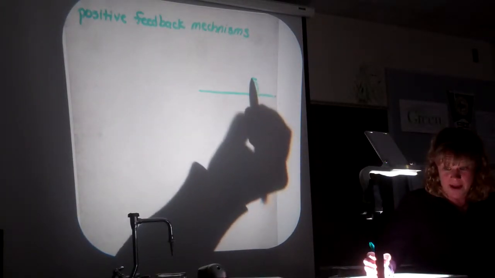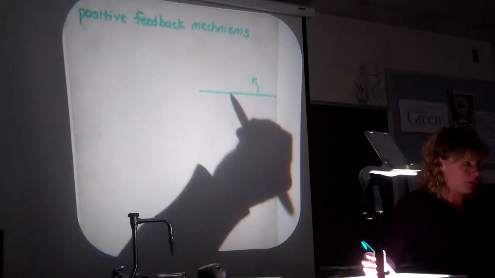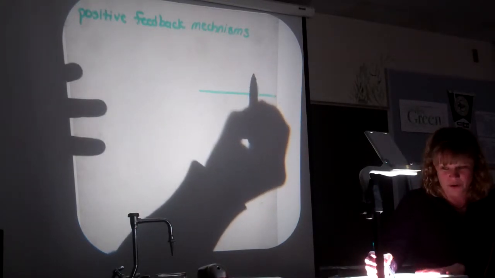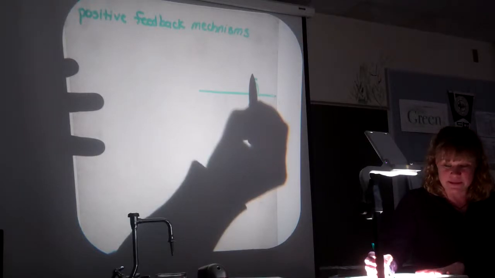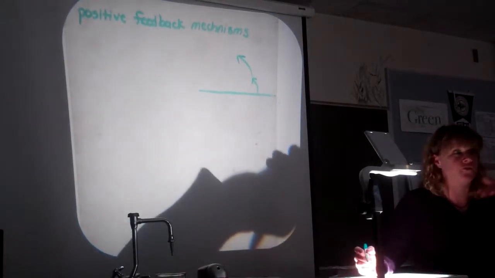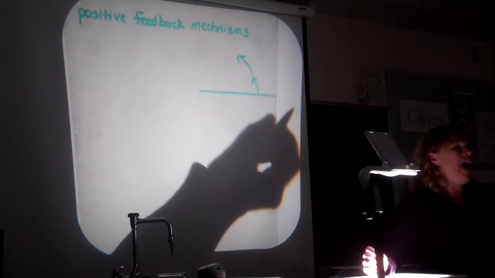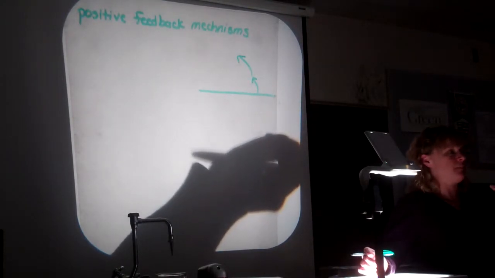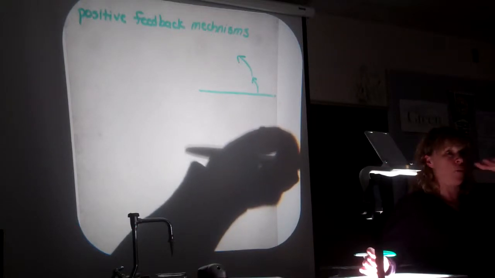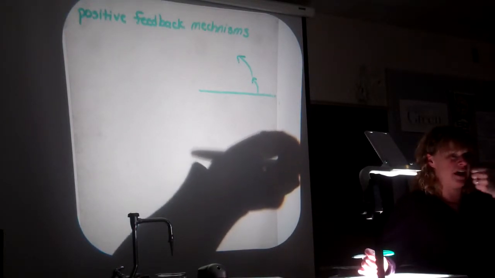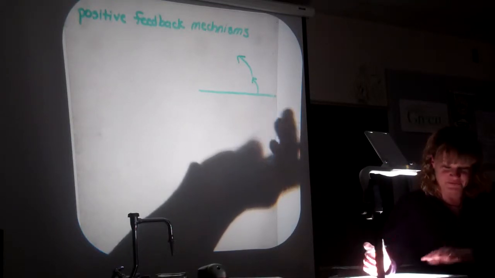In negative feedback, you would have something go on in your body to bring it back to normal. Not positive feedback. Positive feedbacks are kind of weird. It's almost like a stimulus to keep going further and further away from what you're supposed to be at. You're like, why in the world would I want something in my body to go further and further away from the norm? These are not as common, and they don't last forever.